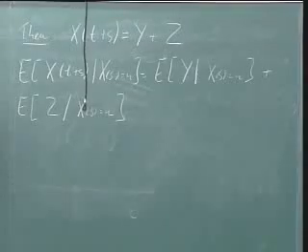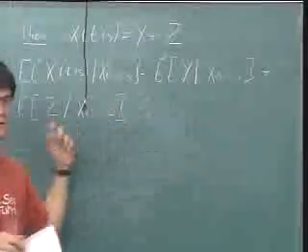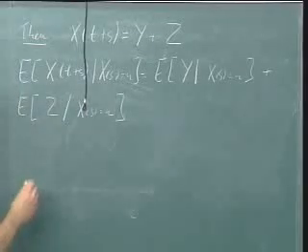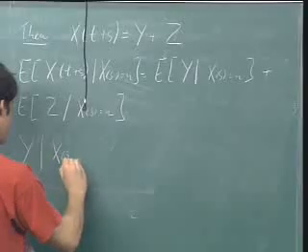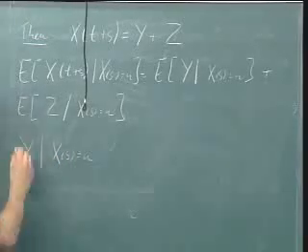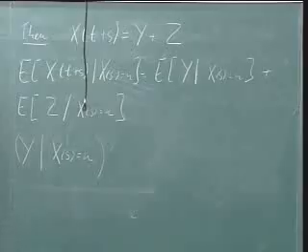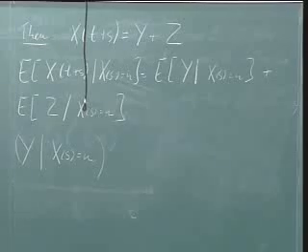So now we need to figure out the distributions of these two guys. So let's see. Okay. So what is this distribution? Well, we know that at time s we have exactly n people in the system. And we want to see, given that we have n people, how many of those people will still be in the system at time t plus s.